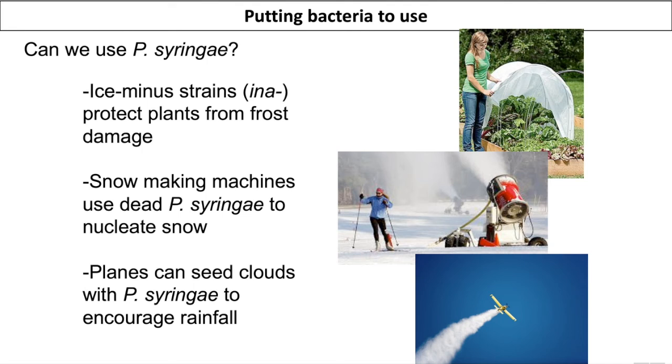And if you coat plants in these INA minus strains, it prevents the INA plus strains from having an ecological niche to grow on. So it stops frost damage from happening. It's a pretty amazing trait that you can just take away this one protein, and then they lose the ability to cause frost damage, and you can save your plants from a freeze break that happens in spring.